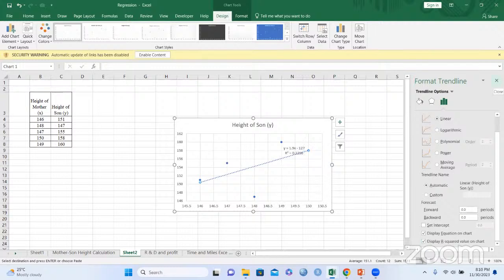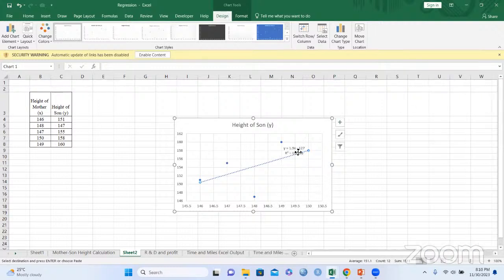So I hope you remember the meaning of r square, right? What is r square? Coefficient of determination. So how far the independent variable is defining or determining the dependent variable, as we have felt.